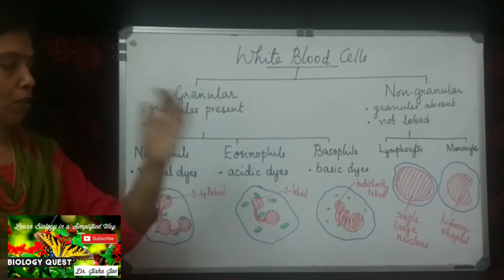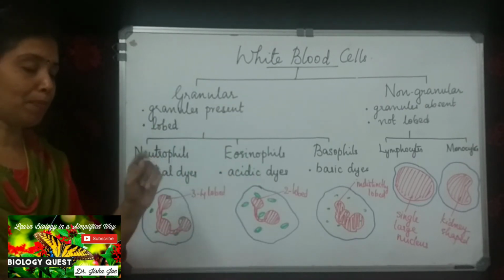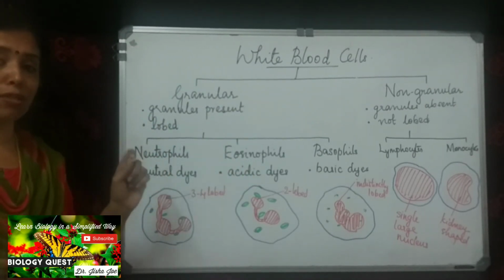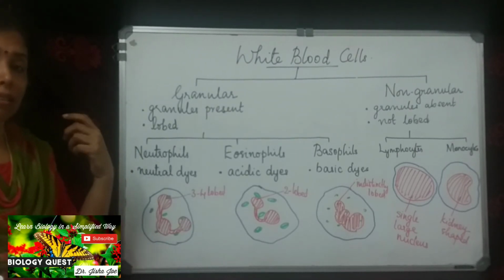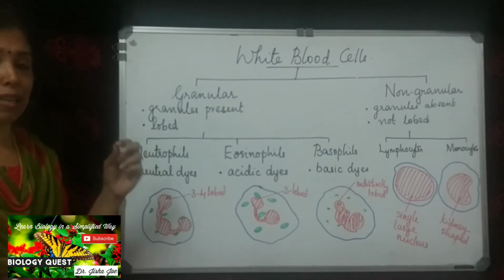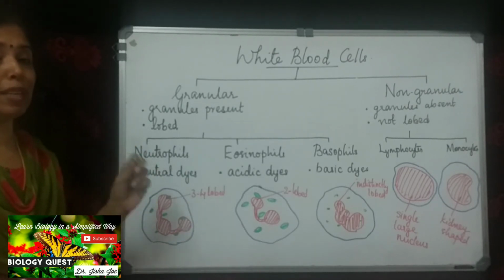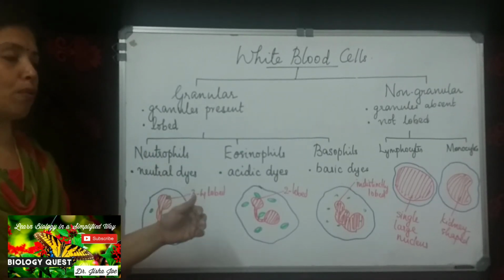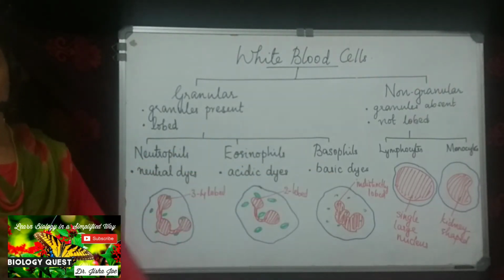Now moving on to another very important feature of eosinophils: the eosinophil count increases when there is an allergic situation prevailing in our body. It will lead to an increase in the count of the eosinophils. Now moving on to the basophils.